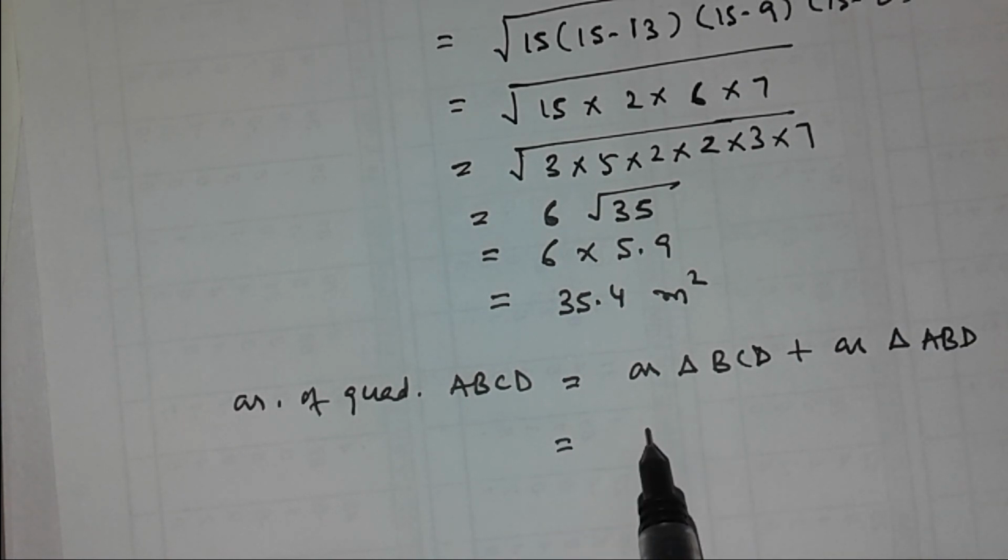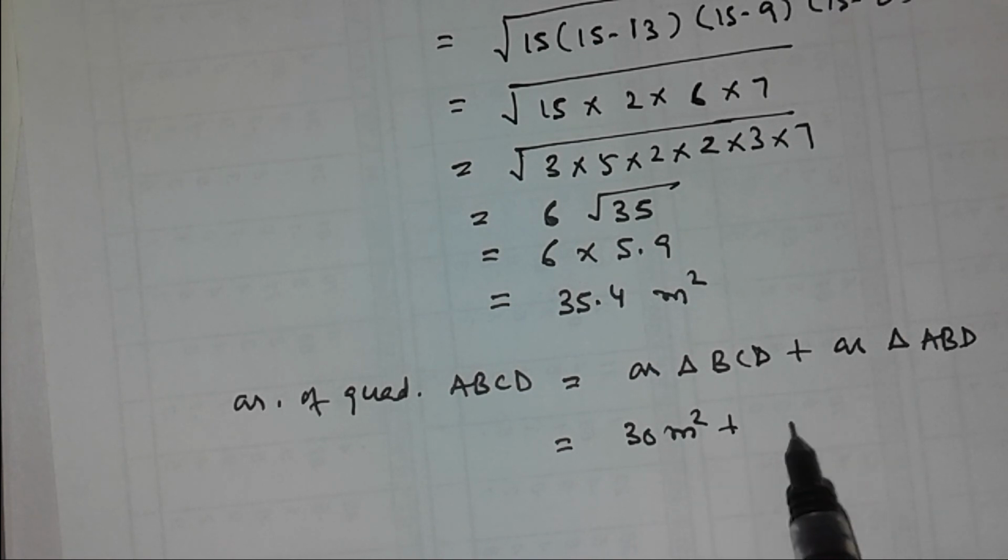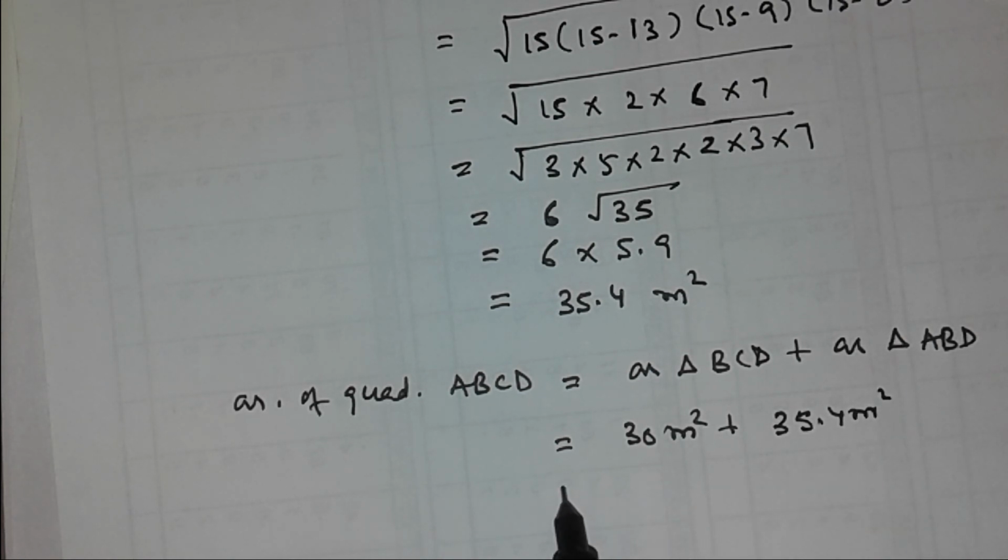So it is equal to, we have got 30 meters square plus 35.4 meters square. When you add it, you will get 65.4 meters square. This is the area of the quadrilateral. Now the second question we will take here.